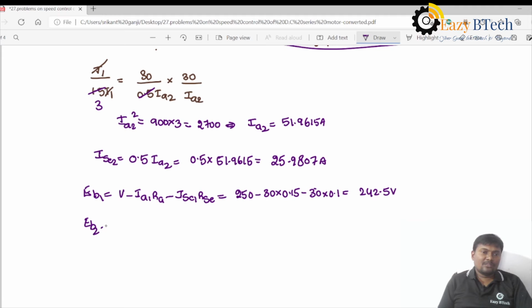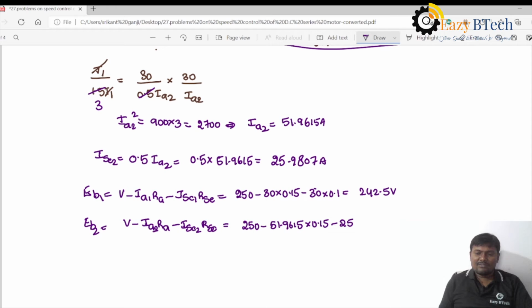Coming to the EB2 is equal to V minus IA2 RA minus ISC2 into RSC. Substitute the values, 250 minus IA2 is 51.9615 into 0.15 minus 25.9807 into 0.1, should be equal to 239.607 volts.